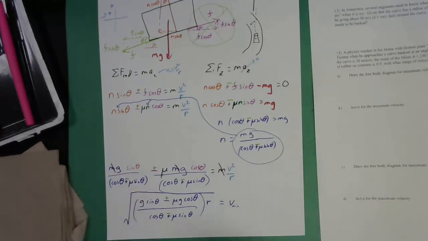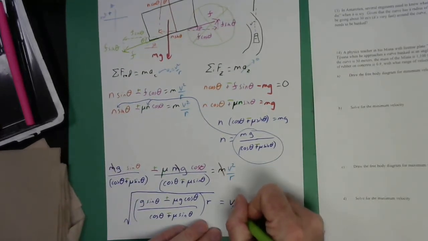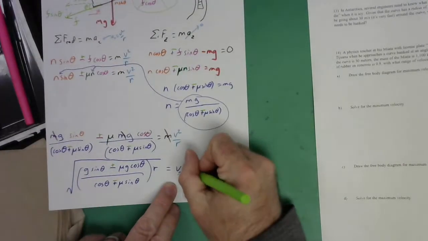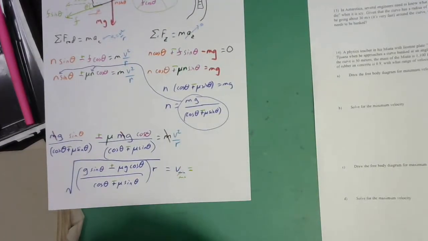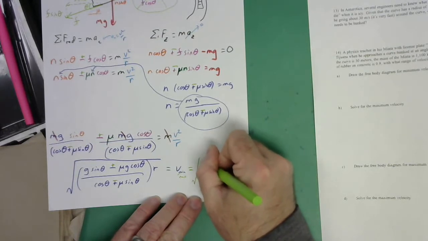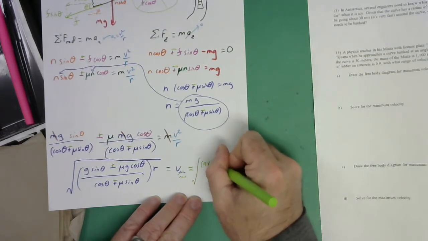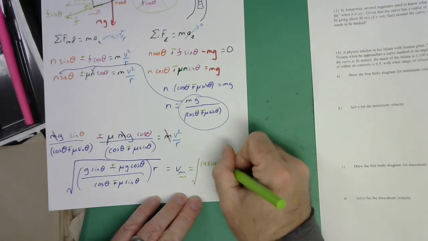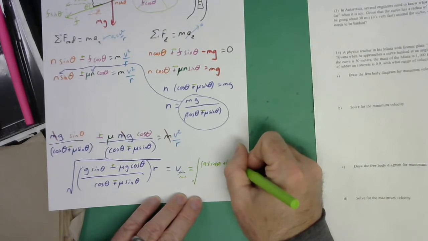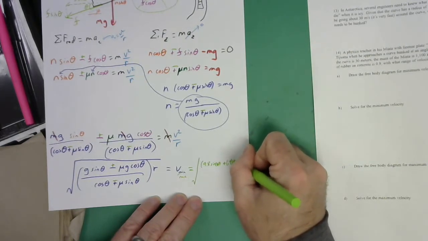All right, now we're solving for the max speed. So coming to this side and doing the max calculation. Okay, I'm going to put my values in, if you don't mind. Here, you say it's going to be 9.8 times the sine of 20, plus 0.9, that's my mu, times 9.8 times the cosine of 20.